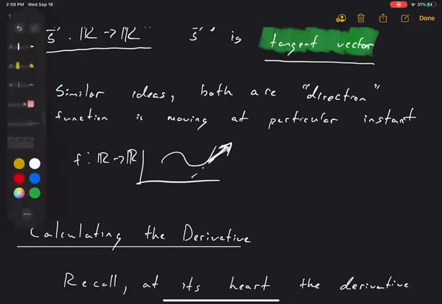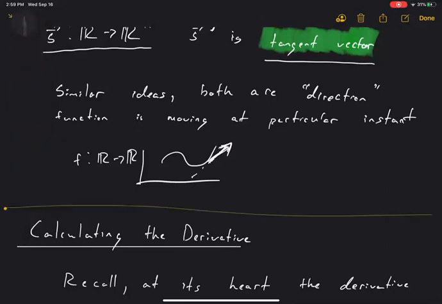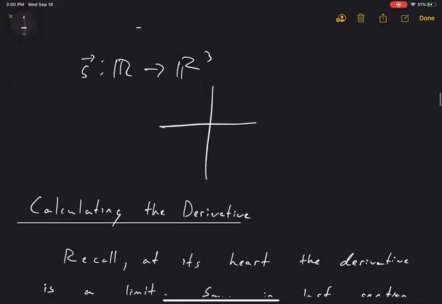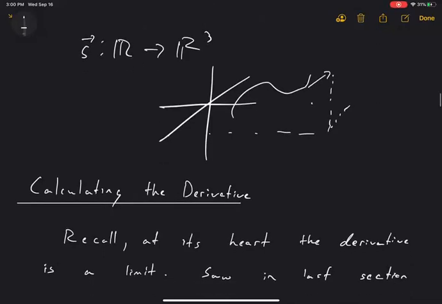For these vector valued functions, we need a bit more information than just a single number. We need how my curve is oriented, how my vector is oriented. So we need more than just a single number.